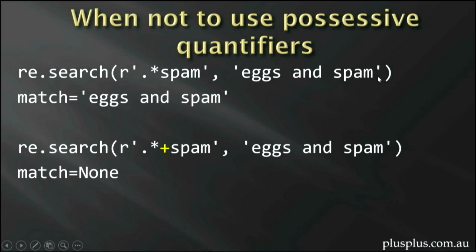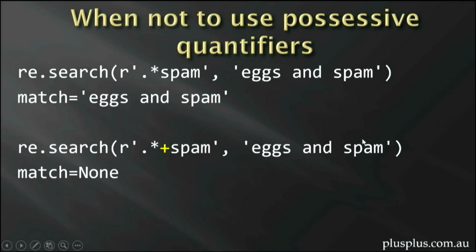When it gets to the end, then it says, I didn't get a spam. So it'll start at the front again and go up to one before the end. And then it'll go back and have another go, and then go back and have another go until it finds that it can get a match. That's the backtracking that happens. It's kind of obvious to us as humans, like, don't do that. But by the design of the engine, that's the way that it works. And it's quite amazing that it works anyway.